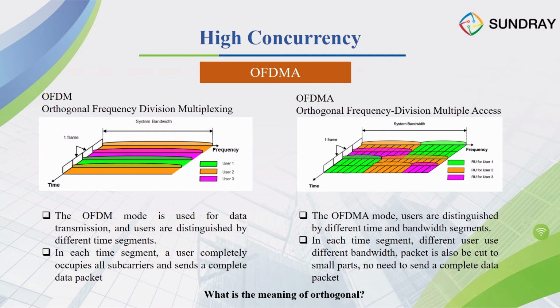And then when you look at OFDMA, you find one sub channel frequency is divided into different units. We call them resource units. That means in one specific frequency channel, it can be used by multiple users.